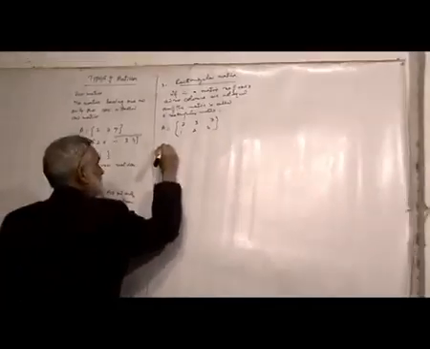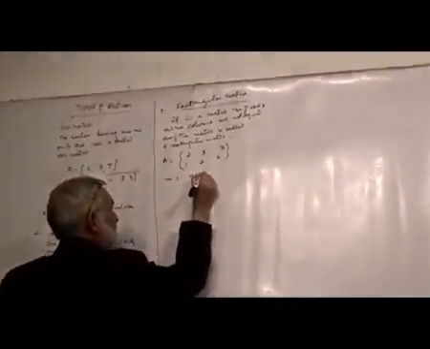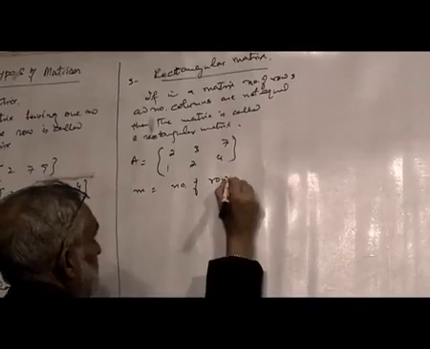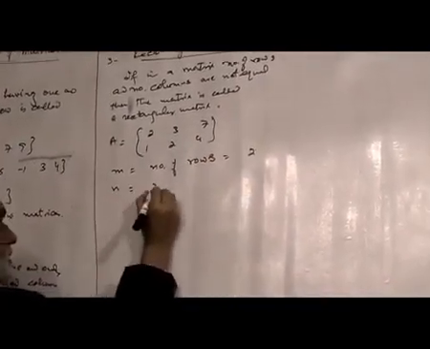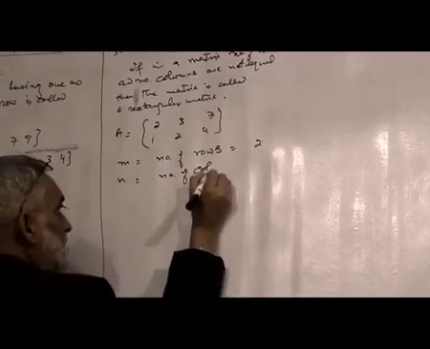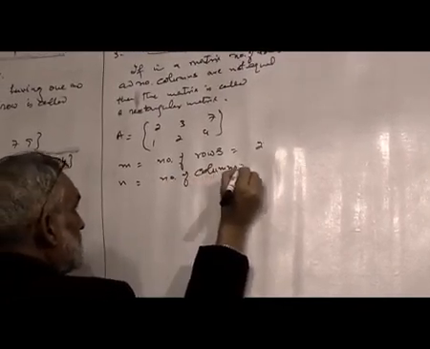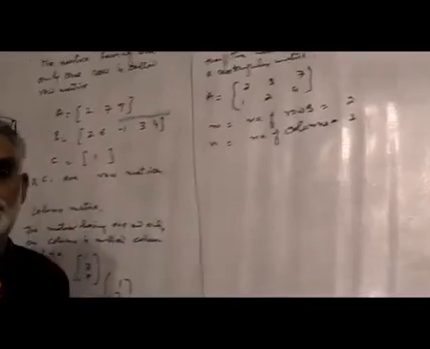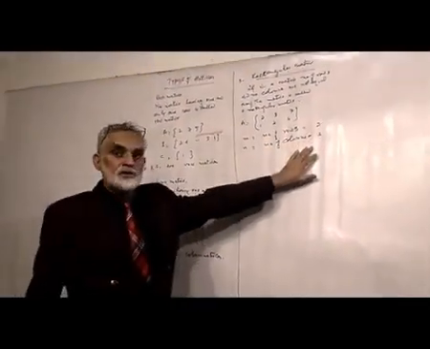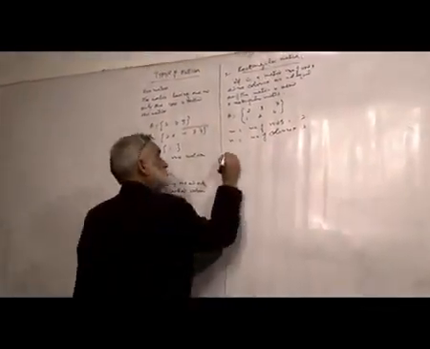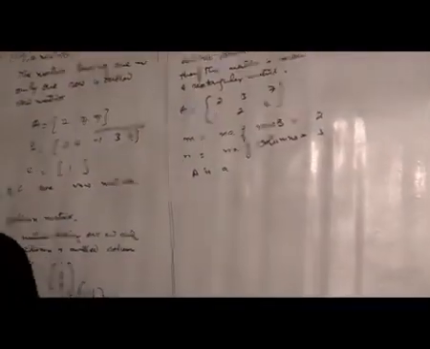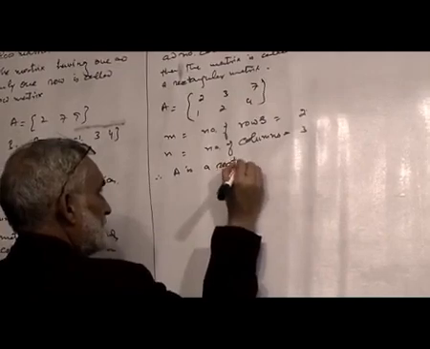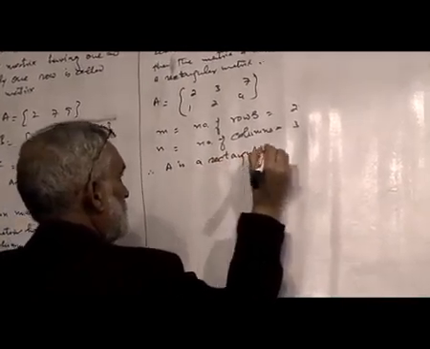So the number of rows is 2 and the number of columns is 3. So the number of rows and number of columns are not equal. Therefore, A is a rectangular matrix.